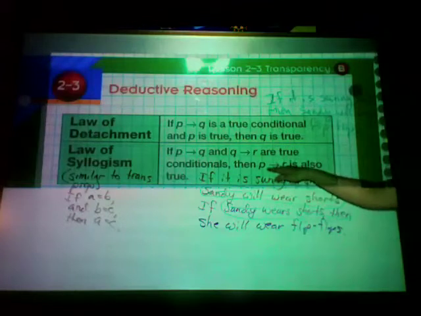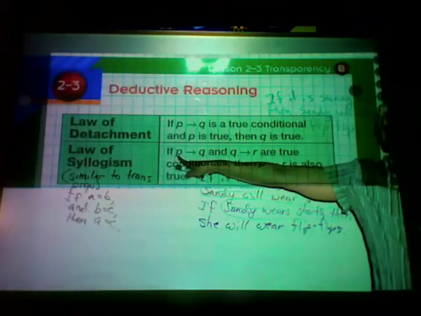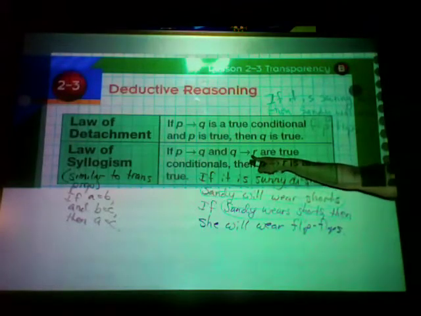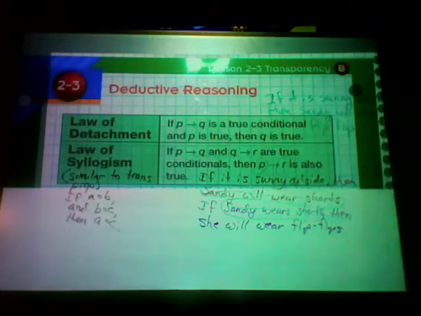And as you can see here, notice that the P comes from the hypothesis of the first conditional, and the R comes from the conclusion of the second conditional. The difference between syllogism and detachment is you have two full conditionals here, only one partial here. So let me give you a few examples and see how you do.